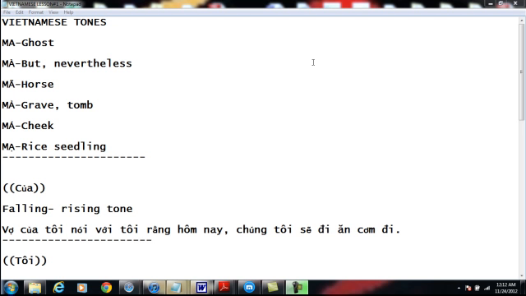tones. All right. Now, before I get into it, I should mention that if you're an experienced learner of Mandarin or any Far Eastern language that uses tones, you will find Vietnamese won't be that difficult.